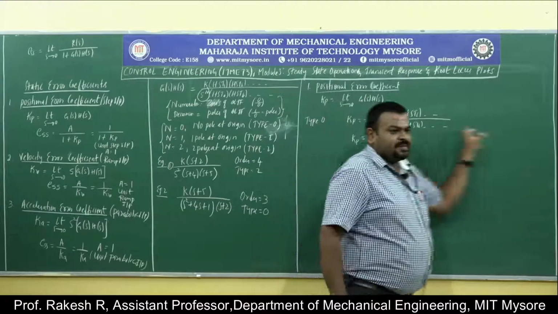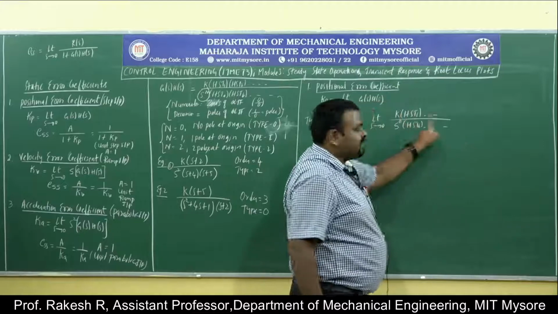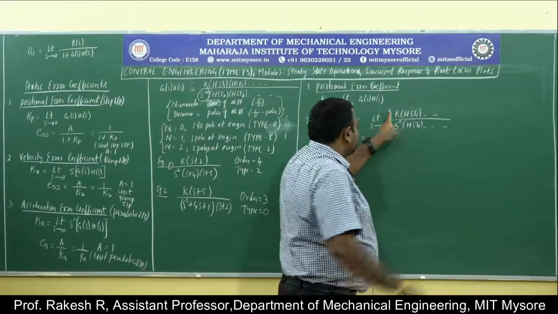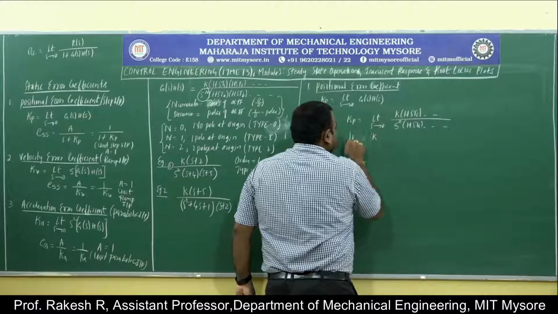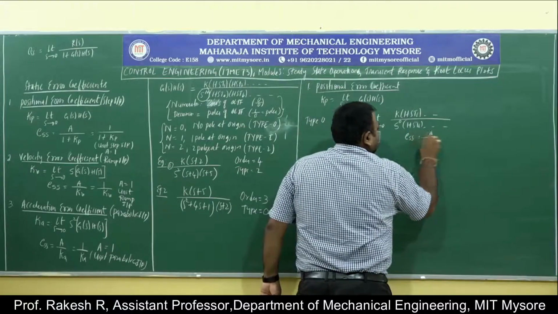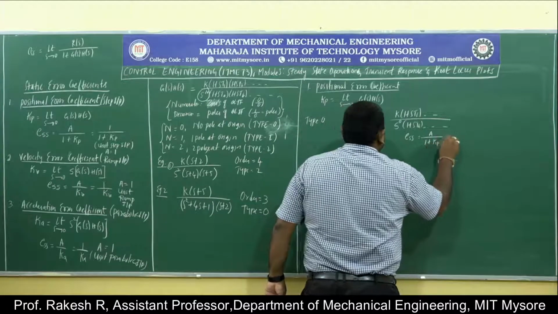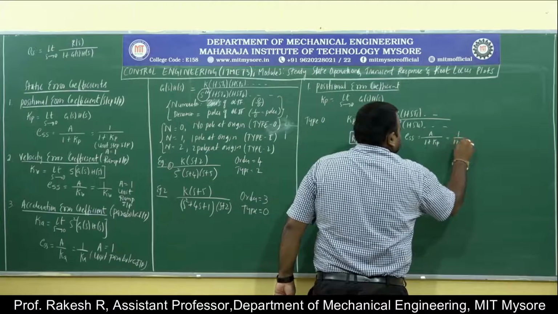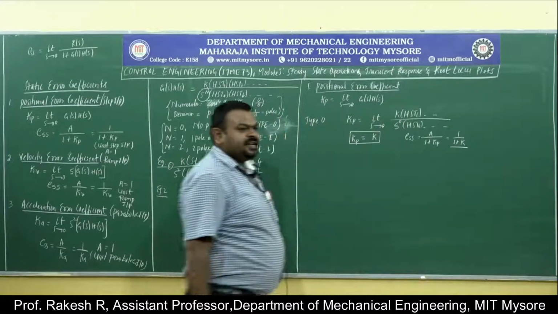Since there is no s term existing individually, it is 1 plus something, 1 plus something, so it will be 1, but the remaining value will be K. So what is the steady state error? Ess is equal to 1 divided by 1 plus Kp, it will be 1 divided by 1 plus K. This is the steady state error.